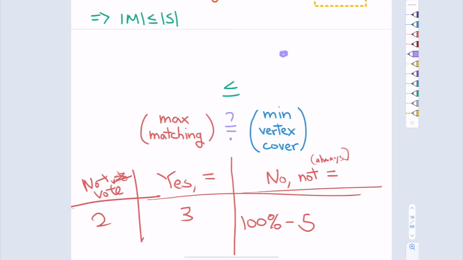I suppose if there's one vertex, this might be 0 and 0, because I don't actually have to take the vertex, since I don't have to cover any edges. So there's no counterexample with one or fewer vertices. Anyone think of a bigger graph? Just a line with an odd number of vertices. So this is 3. Any matching has only one edge, but here's my vertex cover of size 1.